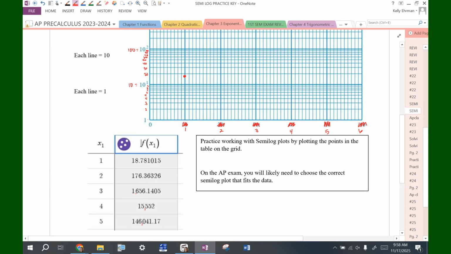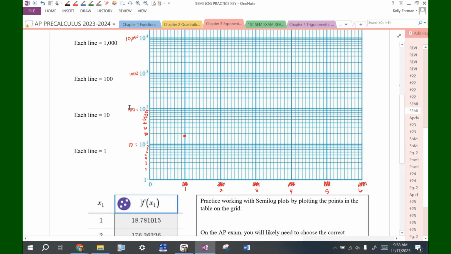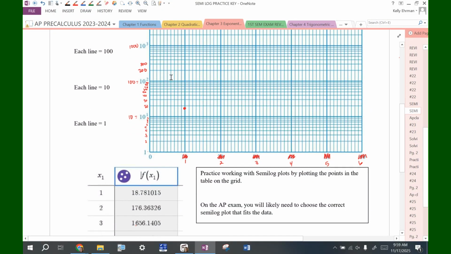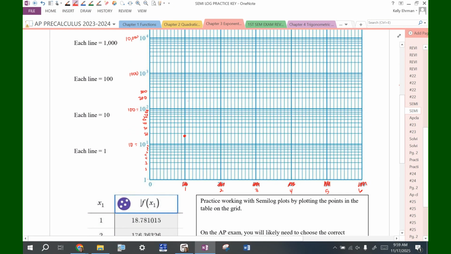The next point I want to plot is (2, 176). So 176 is between 100 and 1,000. And remember, now we're counting by 100. So here's 200, 300, etc. 176 is going to be a little bit short of 200. So maybe here.